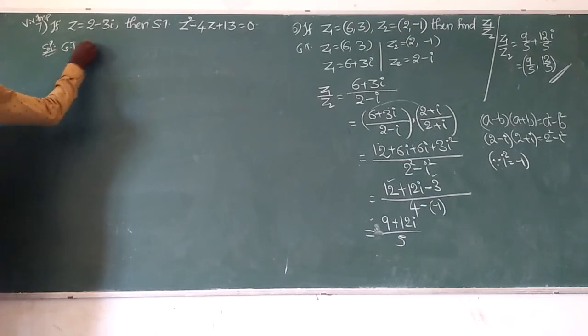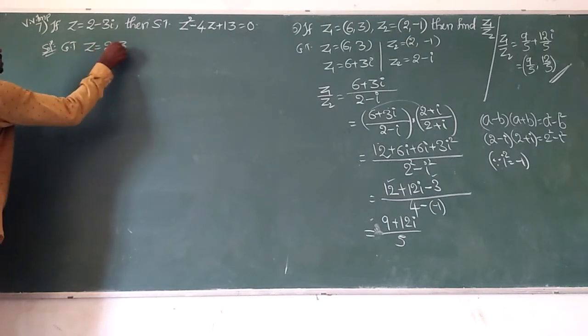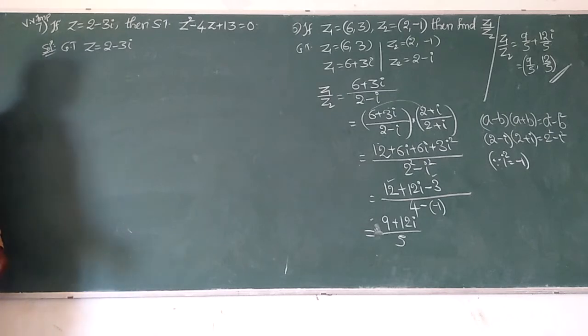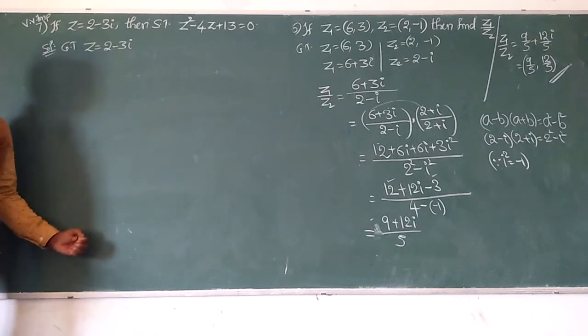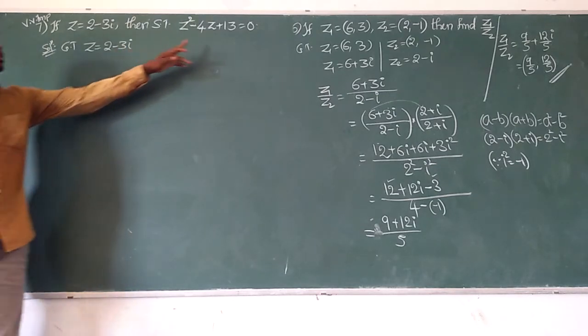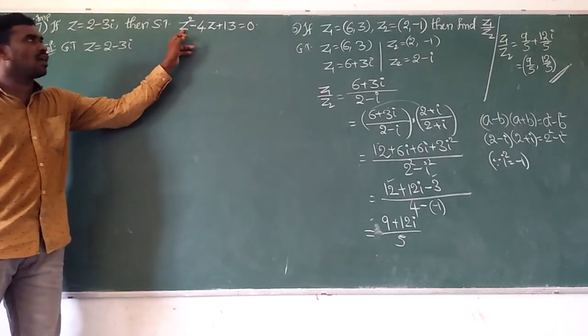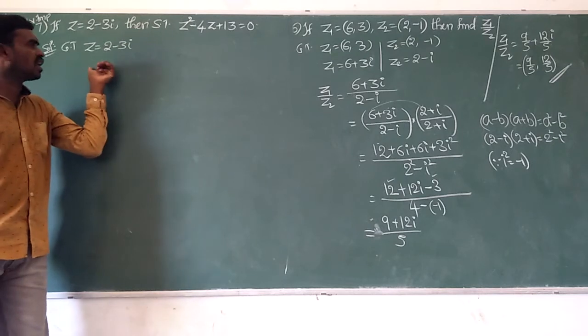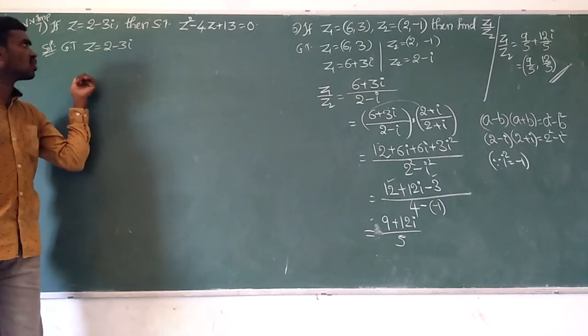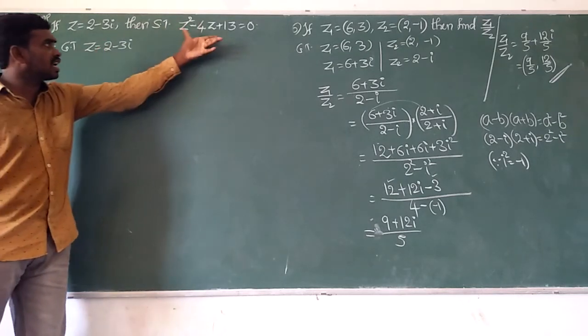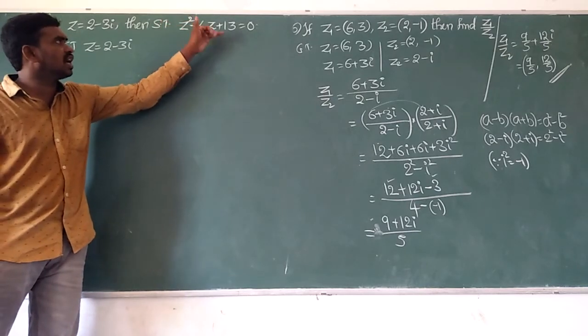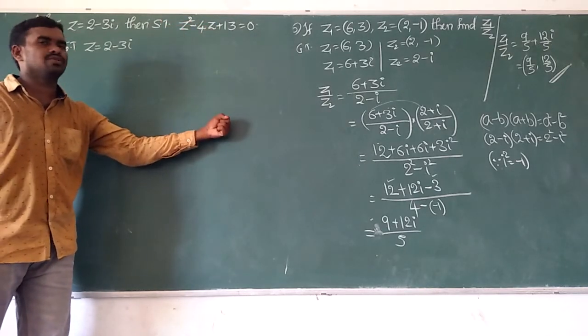Given that z equals 2 minus 3i. We can solve this sum in two ways. One is to square z, find z square, substitute the z square value and z, and simplify to get 0.